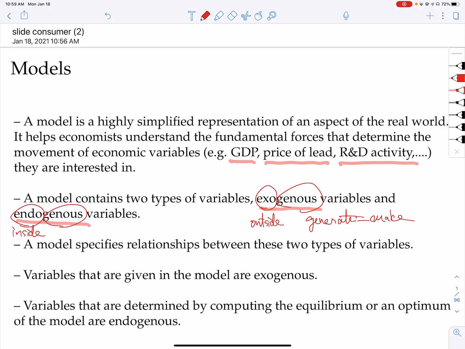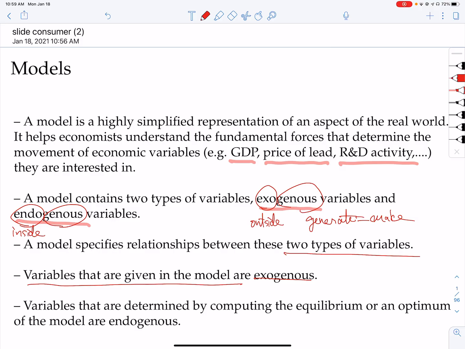So in other words, these are the variables the value of which has to be determined in the model. Okay. So a model typically specifies a relationship between these two types of variables, endogenous and exogenous variables. So again, the exogenous variables are the variables that are given in the model. In other words, their values are set up, given outside the model.